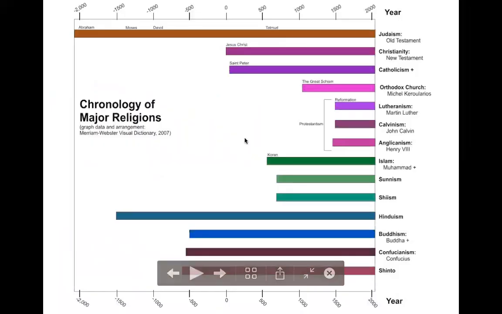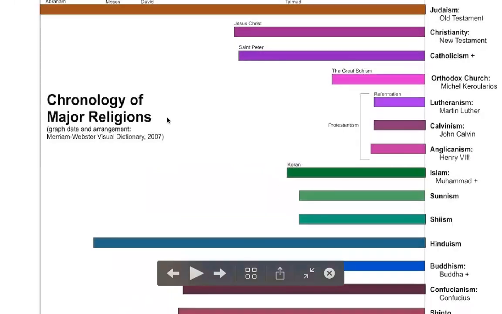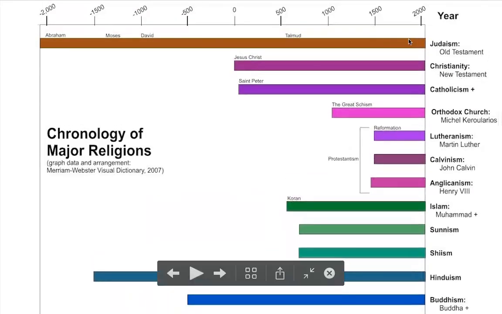This is just a chronology to give you a sense of the world's major religions that are still practiced today. So you see here, one of the perhaps longest standing is Judaism.